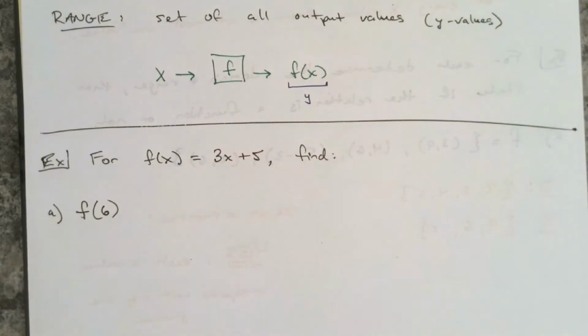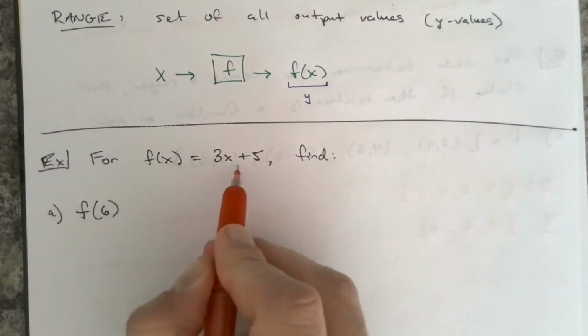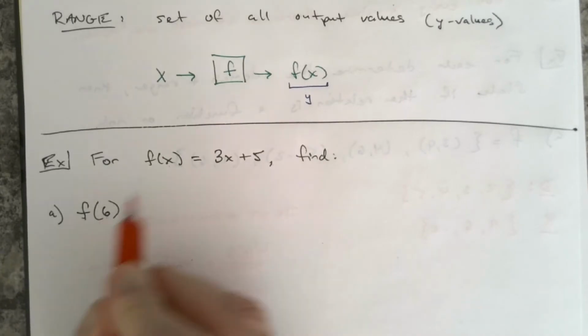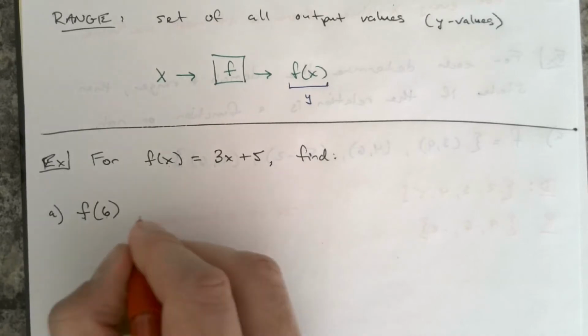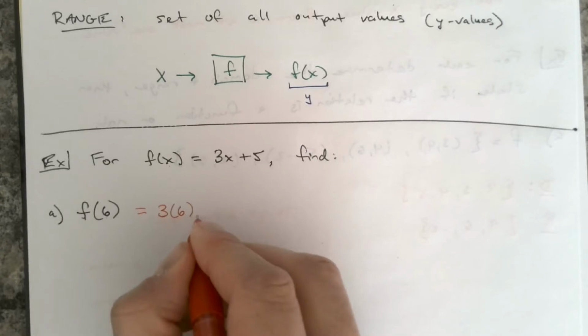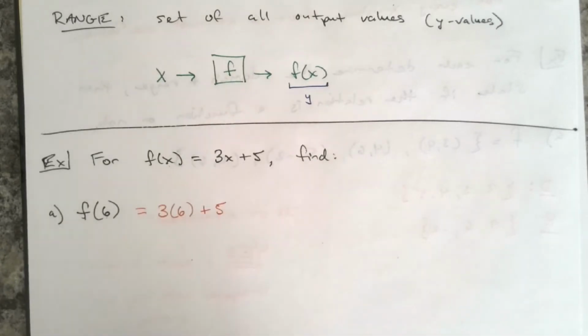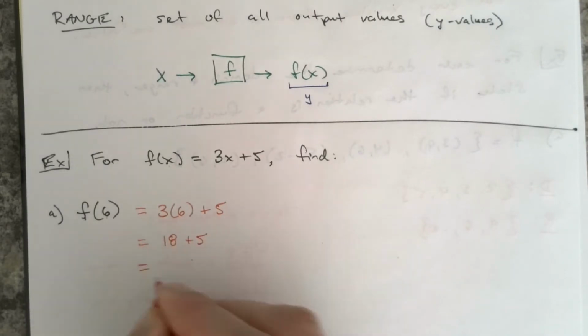So instead of calling it f of x, we're calling this f of 6. What it really means is everywhere you saw an x in the original function, you're replacing it with 6. So f of x was equal to 3x plus 5, so f of 6 should be equal to 3 times, replacing x with 6, plus 5. And then you just simplify this like you normally would, following your order of operations. So I've got 3 times 6 is 18 plus 5. So 18 plus 5 is 23.